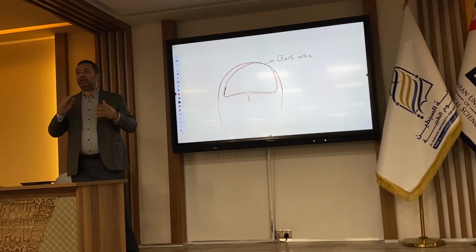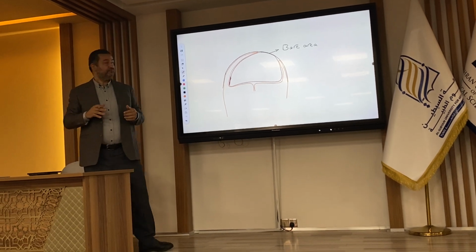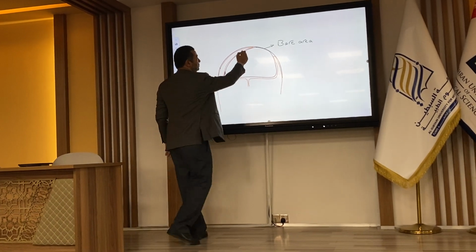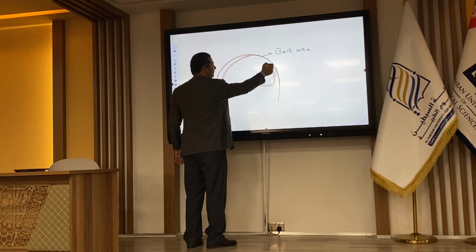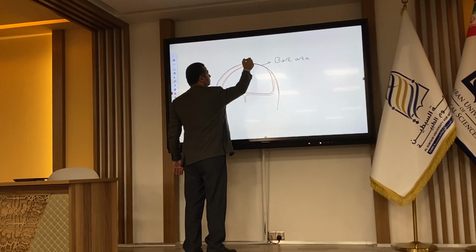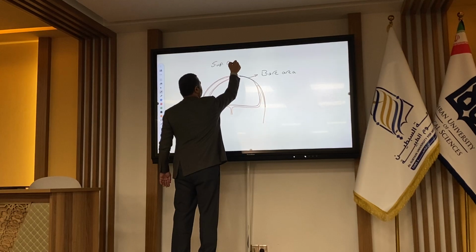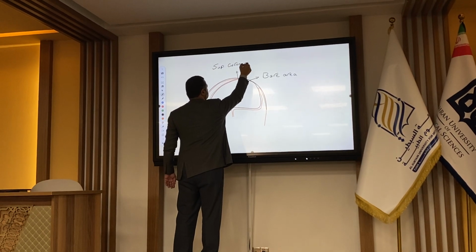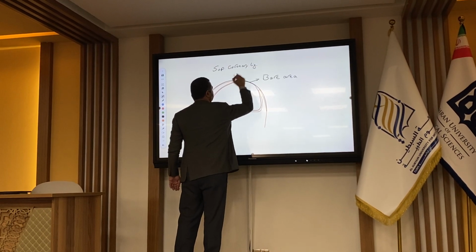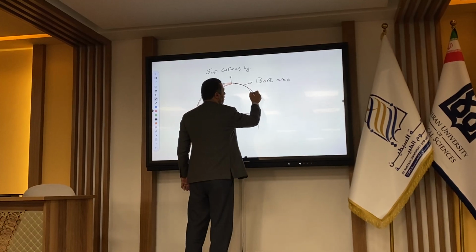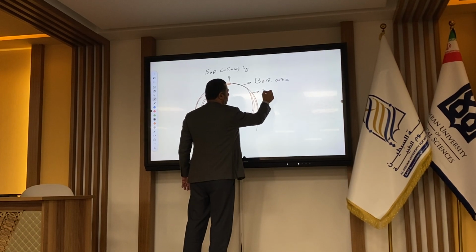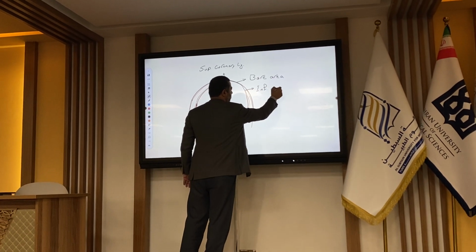This part is attached to the diaphragm. This reflection of the diaphragm is called superior or anterior coronary ligament, and this reflection is called inferior or posterior coronary ligament.